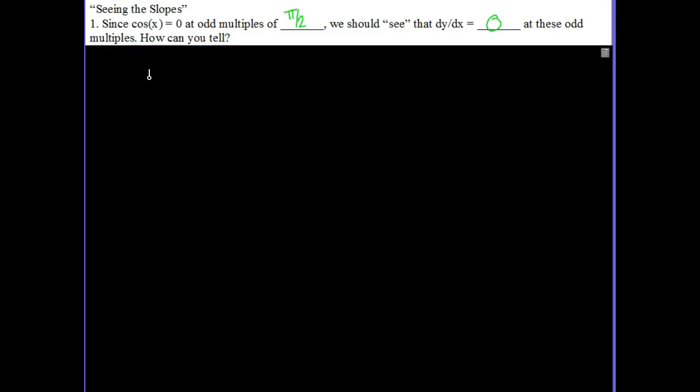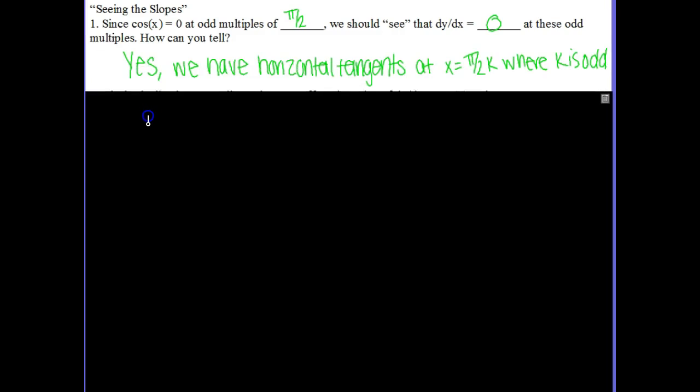Well, what do we know about the derivative of an extrema? It's 0. It's a critical point, and the derivatives at critical points are 0 or DNE. So it says, how can you tell? Well, we have horizontal tangents at all of those odd intervals.